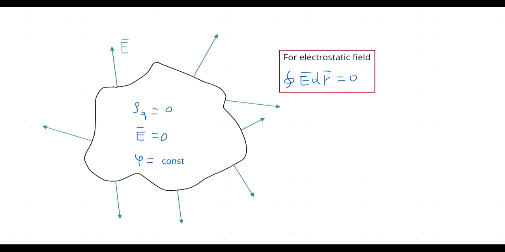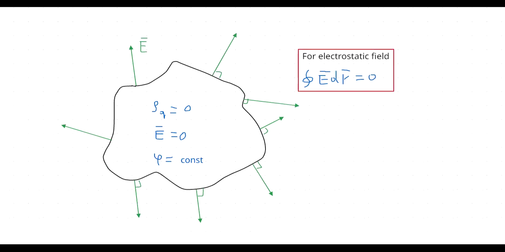So here we have the right angle between the vector of electrostatic field intensity outside of the conductor and its surface, and inside the conductor, electrostatic field intensity is equal to zero.